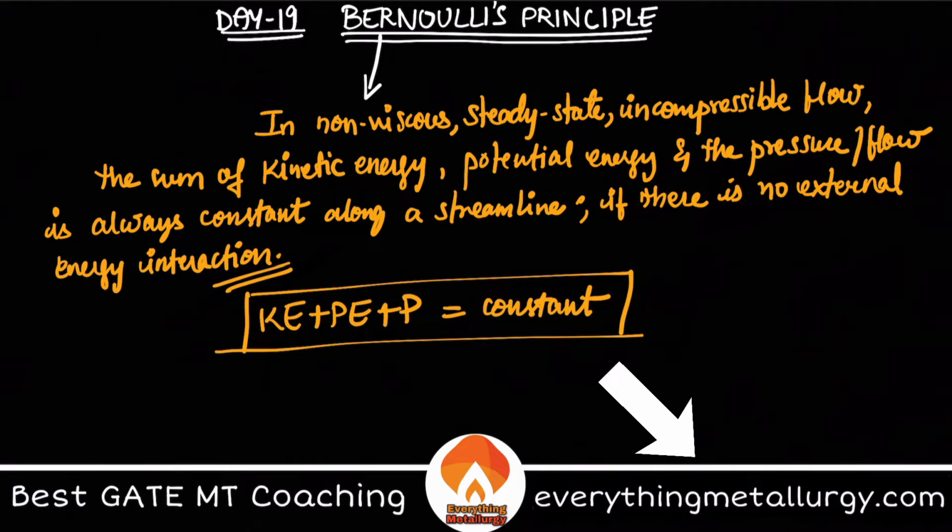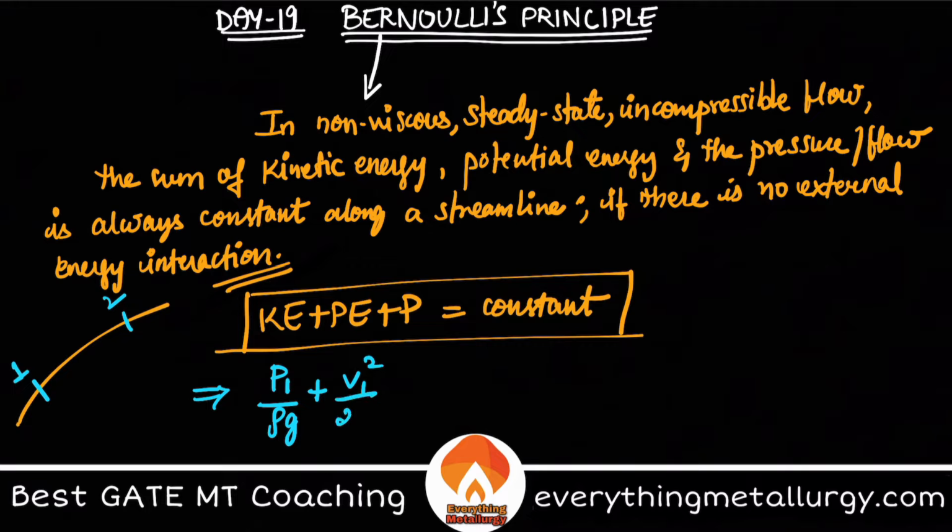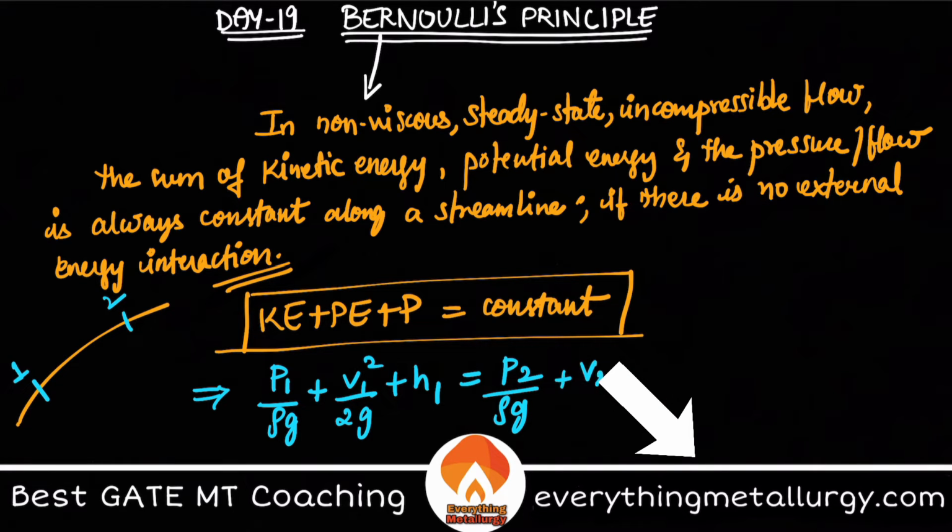So if you try to write it down, let's say this is my streamline which has point 1 and point 2. You can write P1 by rho g plus V1 square by 2g plus H1 will be equal to P2 by rho g plus V2 square by 2g plus H2.